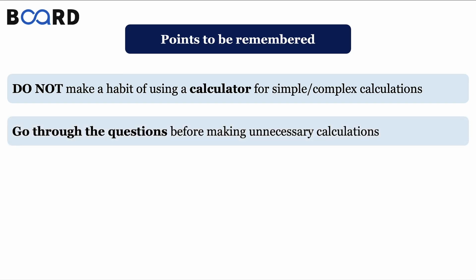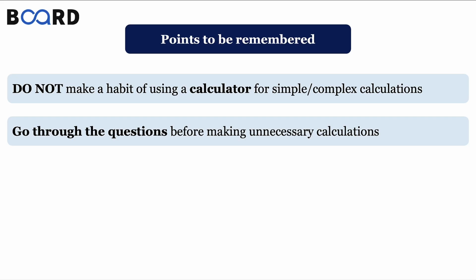Second one is, go through the questions before making unnecessary calculations. So it's not like there is some data given to me, let me write down the entire data in some format, or maybe from this entire data whatever I can interpret, let me write all of them down, then I'll move to the questions and answer. Do not do that.